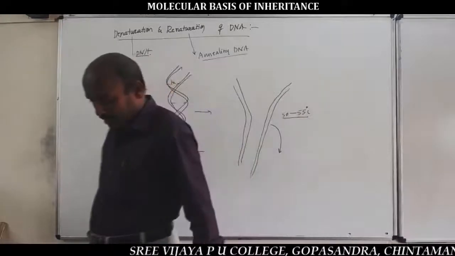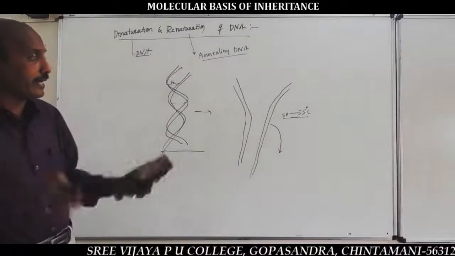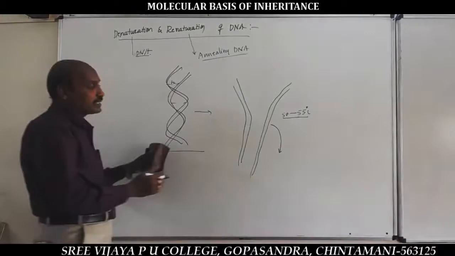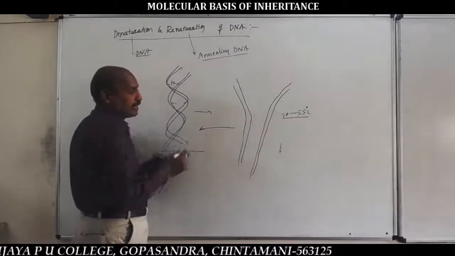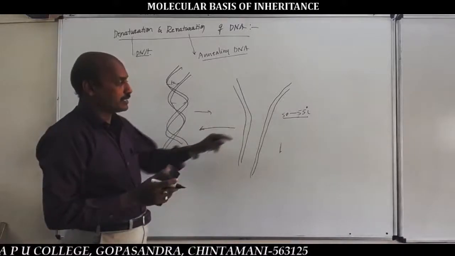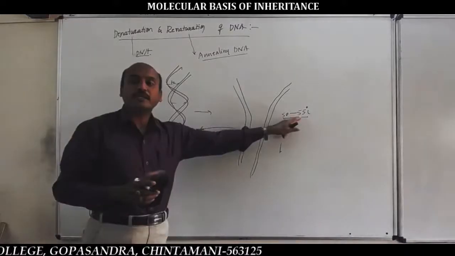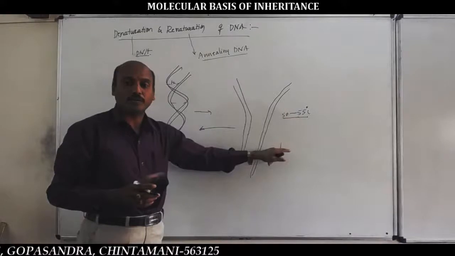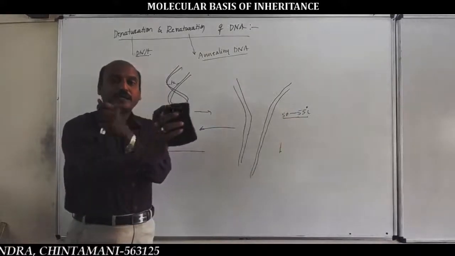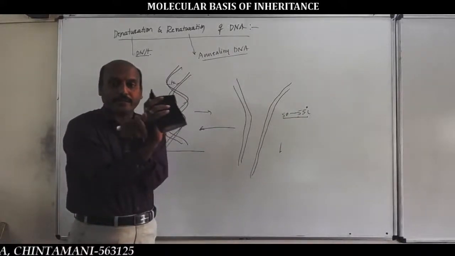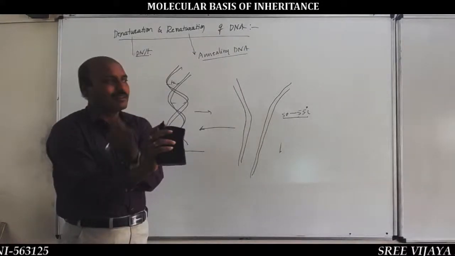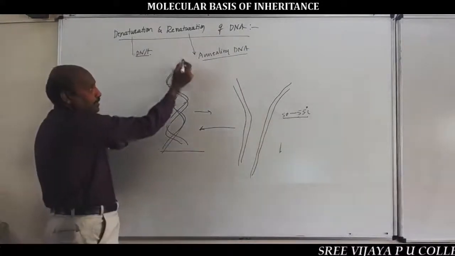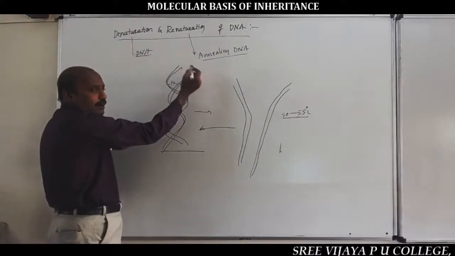You should remember, the separated DNA, the denaturated DNA, kept in normal temperature, average temperature 50 to 55 degrees Celsius, the separated DNA strands again reunite and come back to original shape and original size. This type of DNA is called renaturation DNA or annealing DNA.